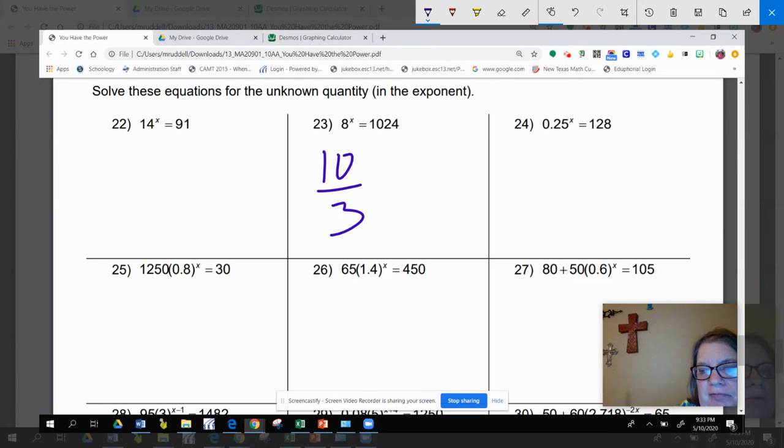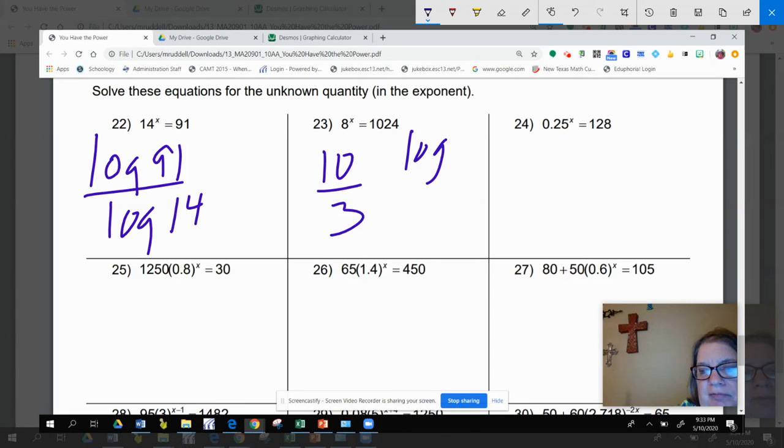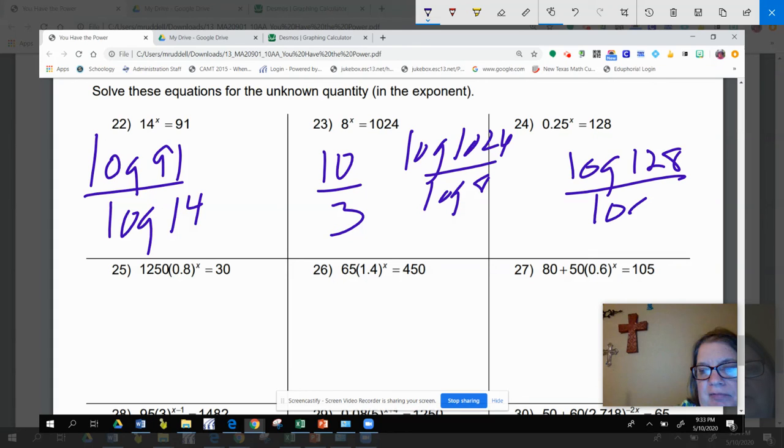Okay. Now, what did we end up doing over here? Over here we did log 91 divided by log 14. Here we did log 1024 divided by log 8. What do you think we're going to do here? Log 128 divided by log 0.25. Can we skip that step where we write down the x in the front?